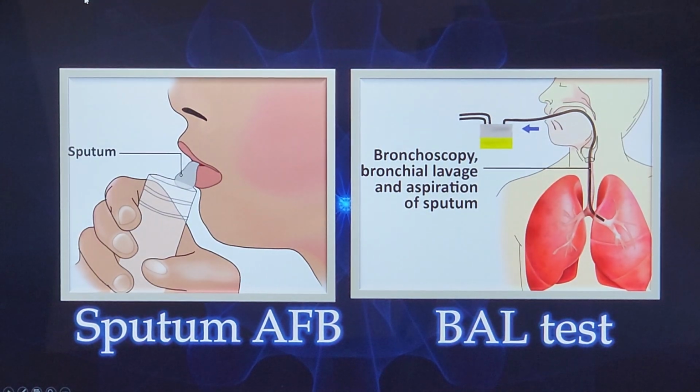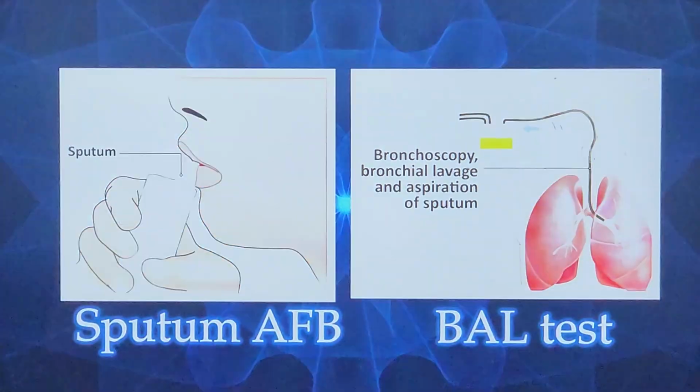We need sputum for AFB stain and PCR CBNAAT study, and we need a morning sample taken for 3 consecutive days. Suppose the patient doesn't have sputum or cough, in that case we need to do a bronchoscopy and bronchial lavage to get the sputum, and with that sample we'll do AFB stain, Ziehl-Neelsen stain, and PCR study, CBNAAT study.